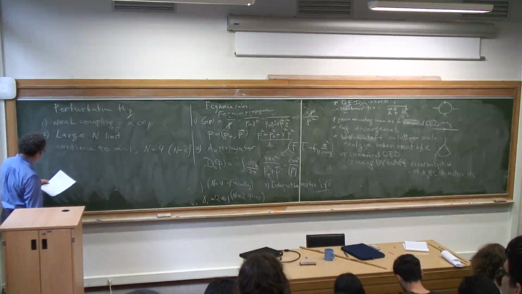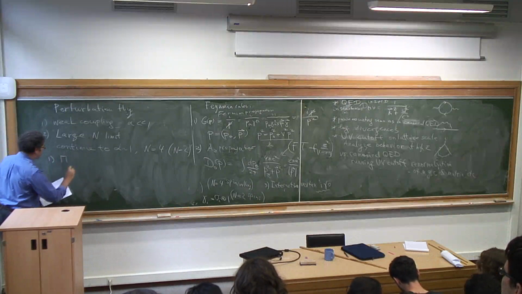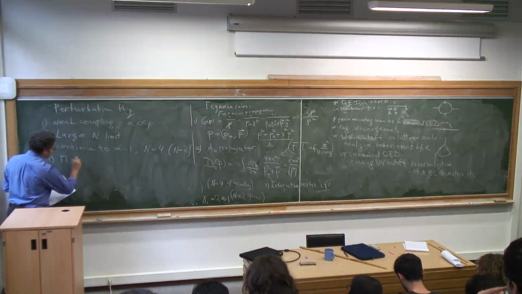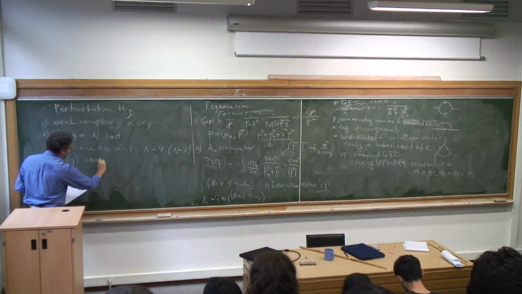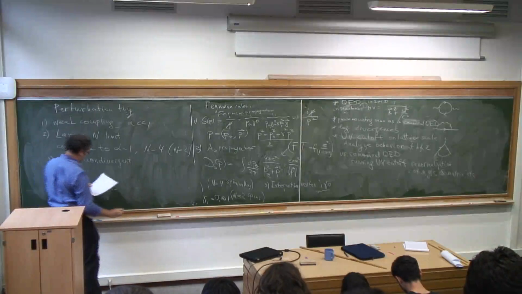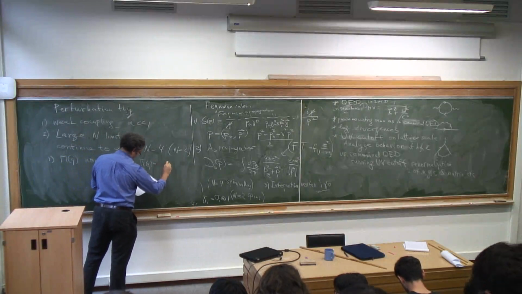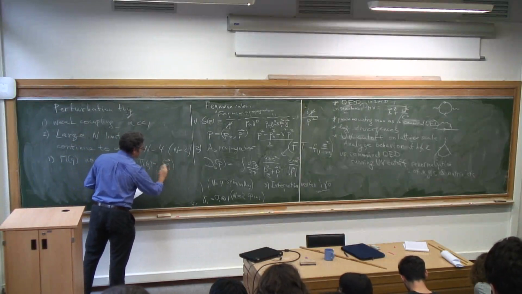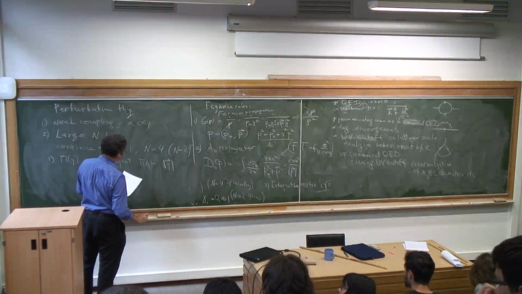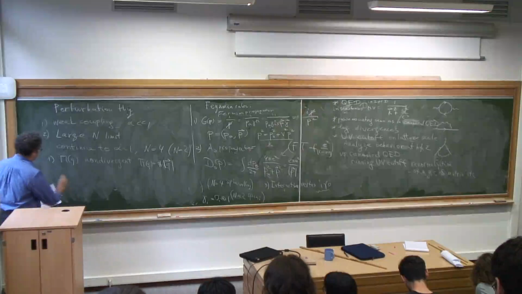That's point number 1. Point number 2 is that you can look at these 3 diagrams, and what you find is that the polarization Pi is non-divergent, same as in QED, and in fact Pi of q is some number times the modulus of q, a number we can compute tomorrow.